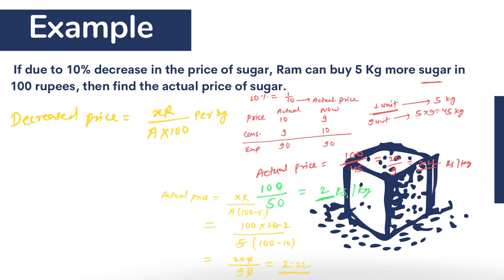This is my formula. Value of X is 100, value of R is 10, value of A is 5, and 100 is 100. So 100 to 100 I can cut. So 10 by 5 equal to 2 rupees per kg. This is my decreased price. This was not asked in the question, still I explained.